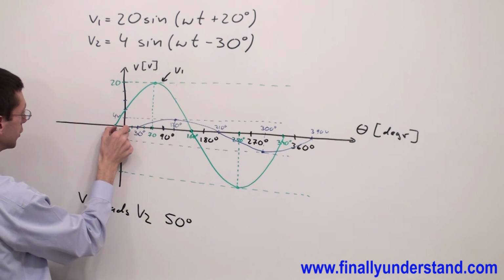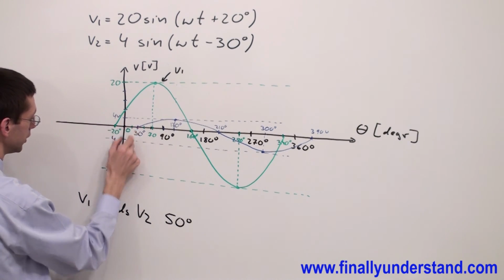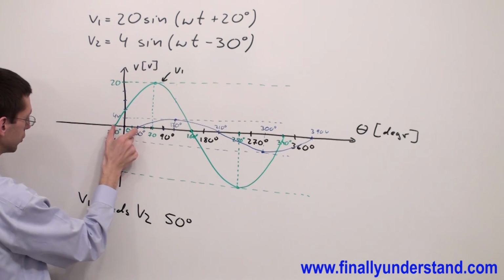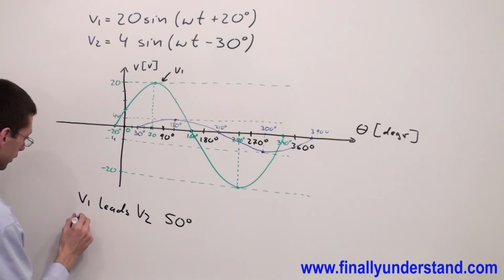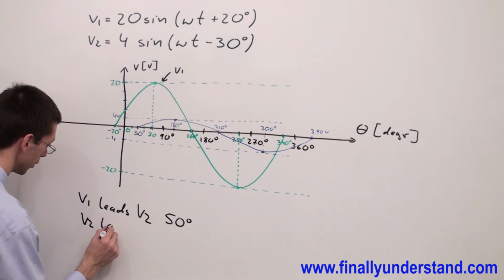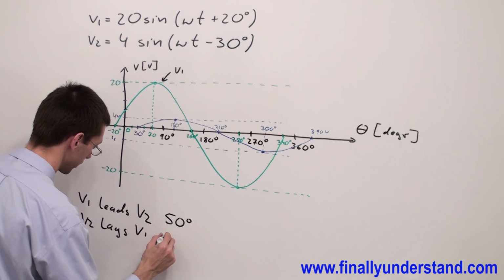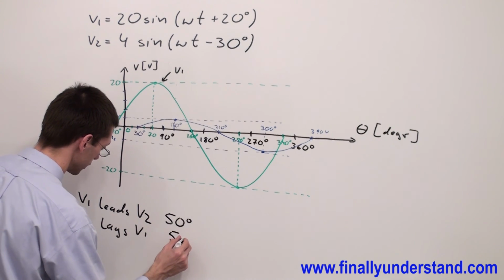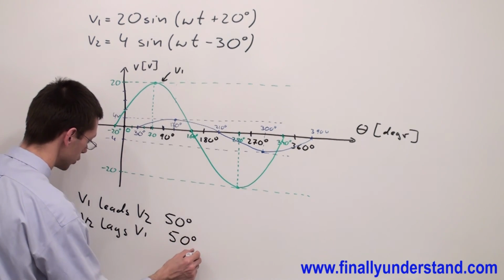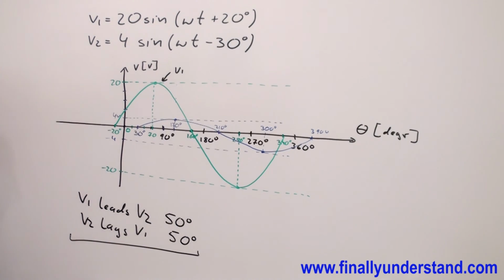Because I have 20 degrees over here and 30 degrees over here. That's why I have 50 degrees together. Or V2 lags V1 by 50 degrees. And this is the solution to my problem.